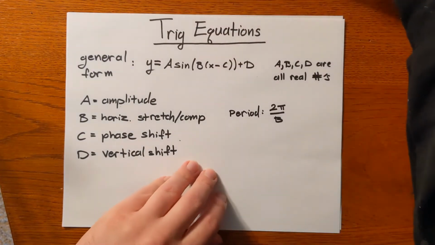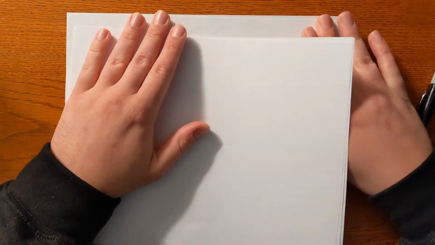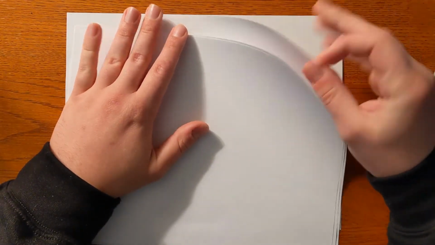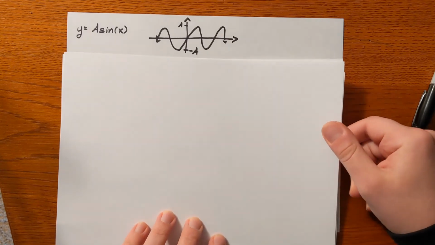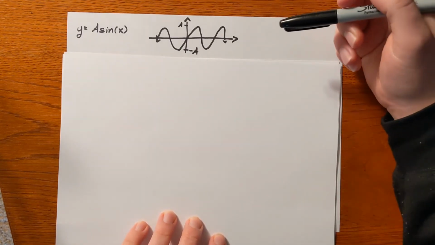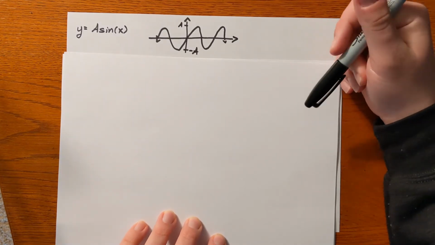Okay, so here's a few examples of all these graphs and what these different parts of the trig equation do to different graphs. So y equals sine of x is the most basic graph. It's called the parent graph.